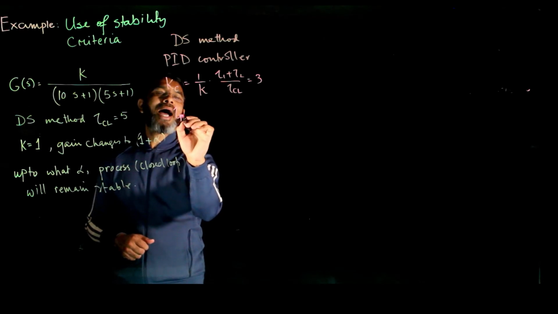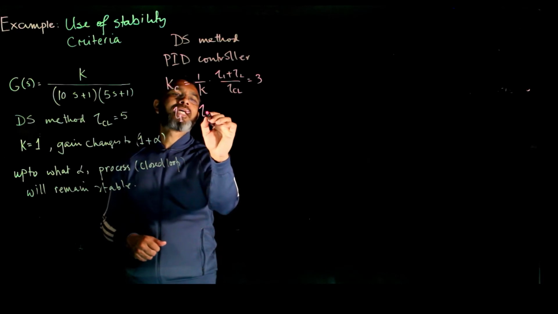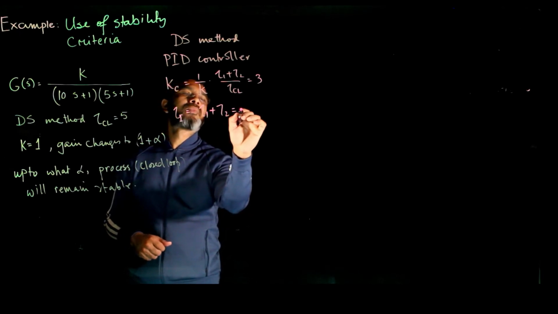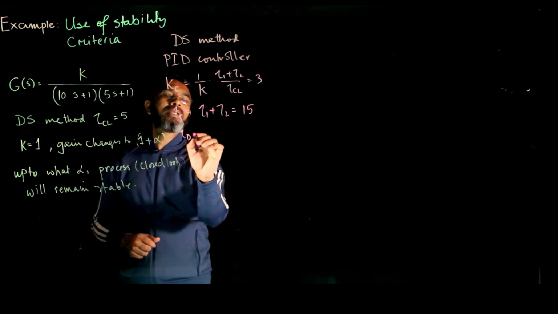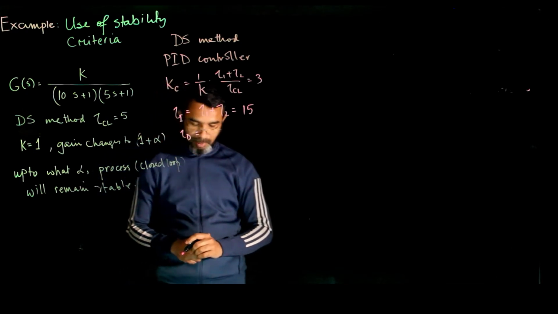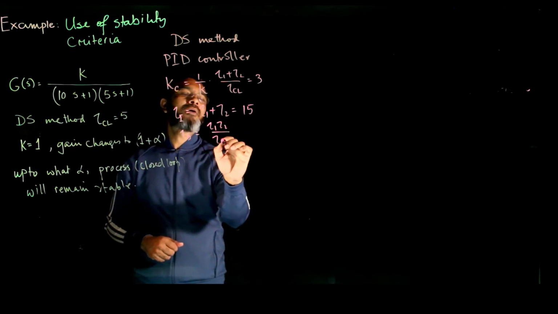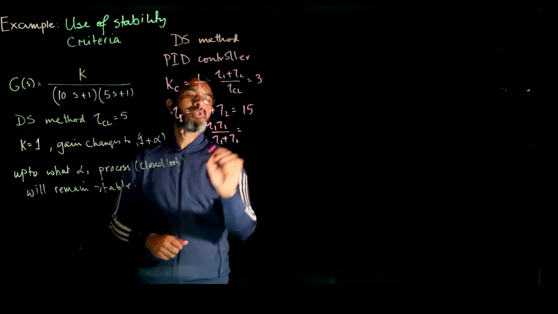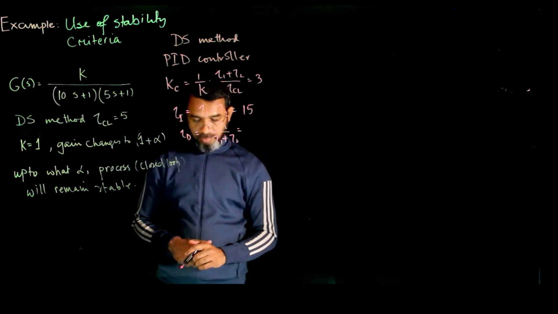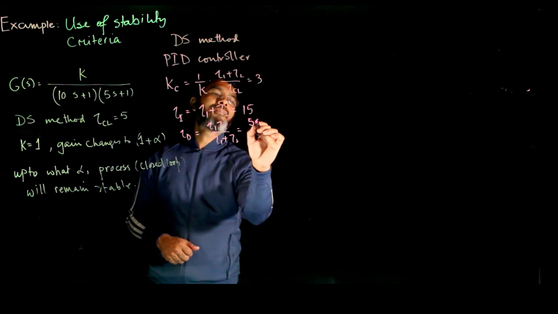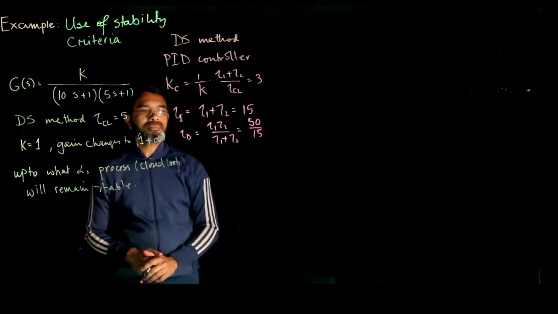And tau I will get to be tau 1 plus tau 2, this 15, and tau D to be tau 1 tau 2 over tau 1 plus tau 2, that gives a value 50 over 15.